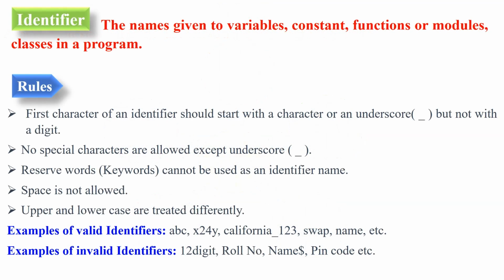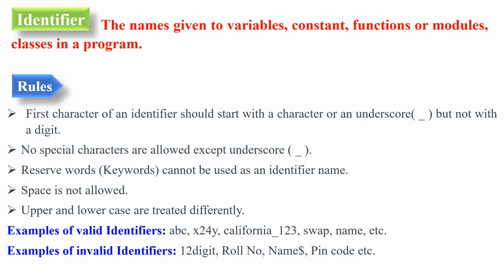Let's learn about the first token, identifier. Identifiers are the names given to any variables, constants, functions, modules, or classes in a program. Some of the rules for defining identifiers are given here. The first character of an identifier should be a letter or an underscore, but not a digit. No special characters are allowed except underscore.